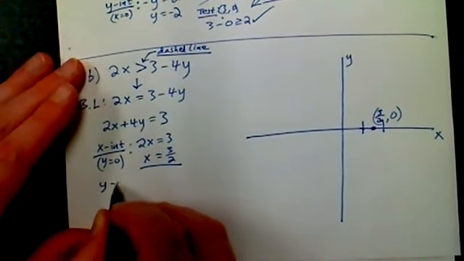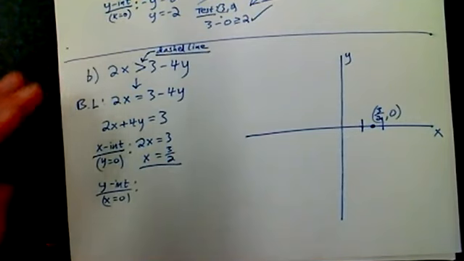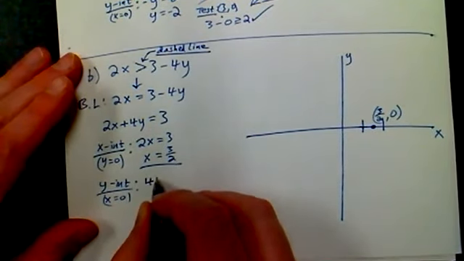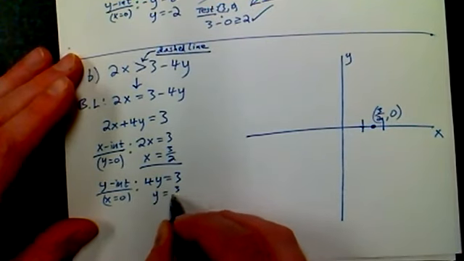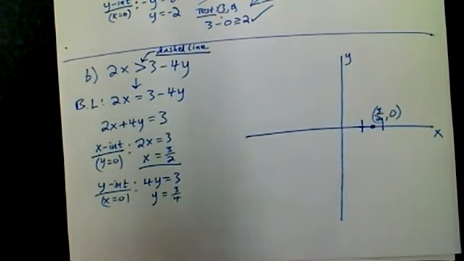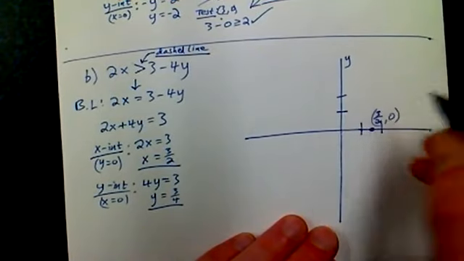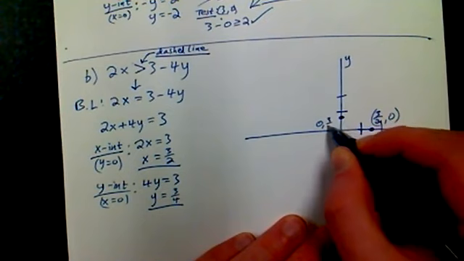Let's look at our y-intercept. That's when x is equal to 0. If x is equal to 0, then we have 4y is equal to 3. That means y is equal to 3 over 4. When x is 0, y is 3 over 4. That's up here. So if this is 1 and this is 2, well, 3/4 is about right there. (0, 3/4).